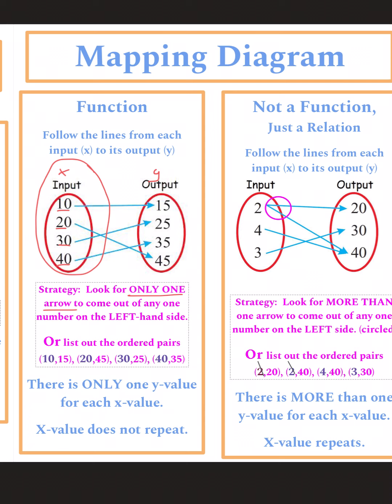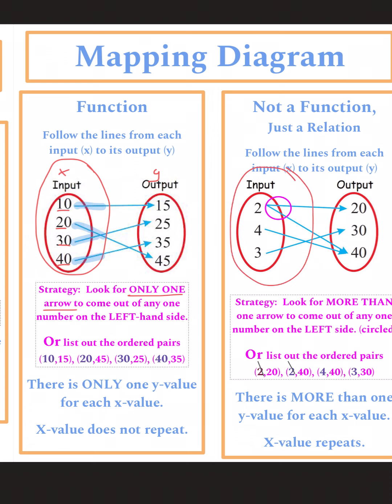So if you take a look, there's only one arrow here, one arrow here, one arrow here, one arrow here. So no x values repeat, and there is only one line coming out of each of the x values, making it a function.